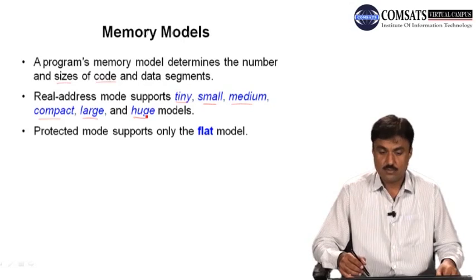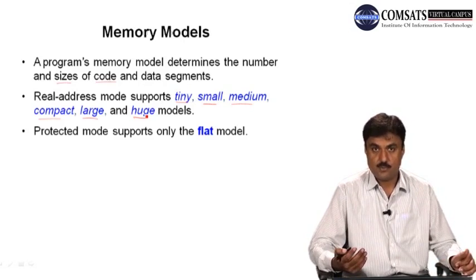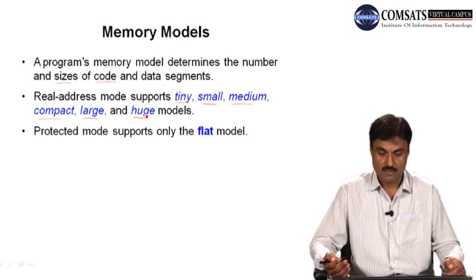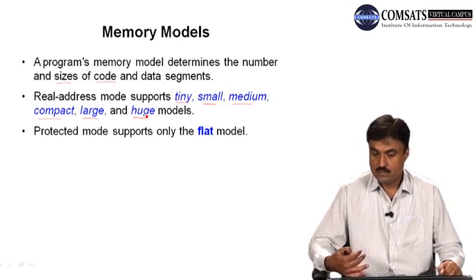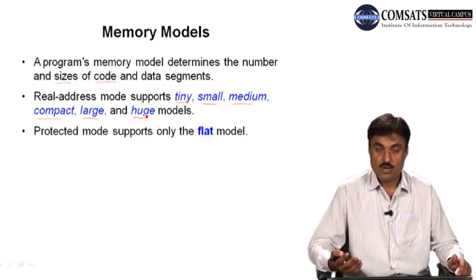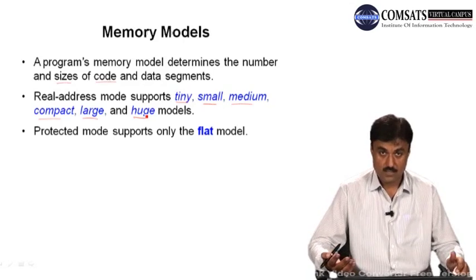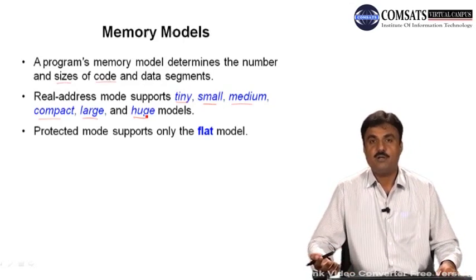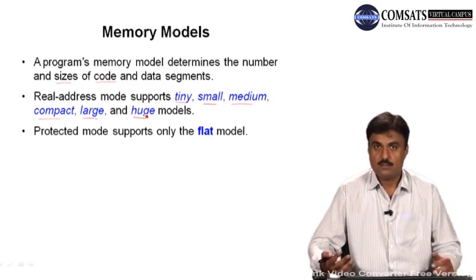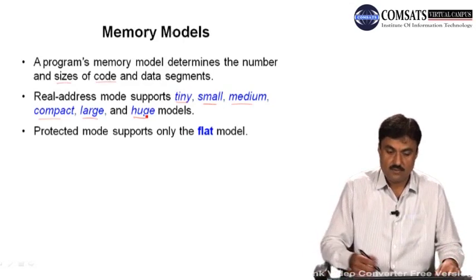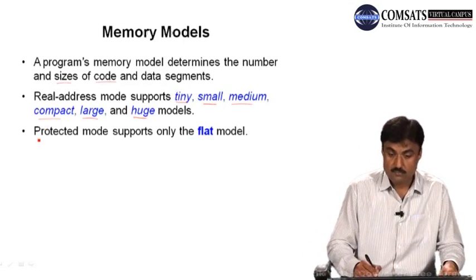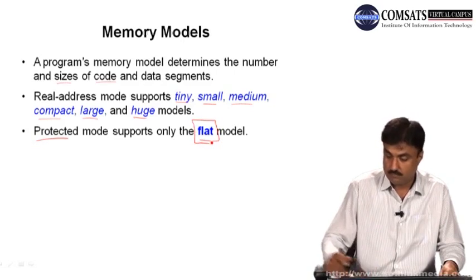In real addressing mode, we have the stack pointer, program counter, and so on. We have the segment registers as the base, and the pointer registers are offset registers. Their combination will calculate the effective address. However, protected mode is supported only by the flat model that we are using.